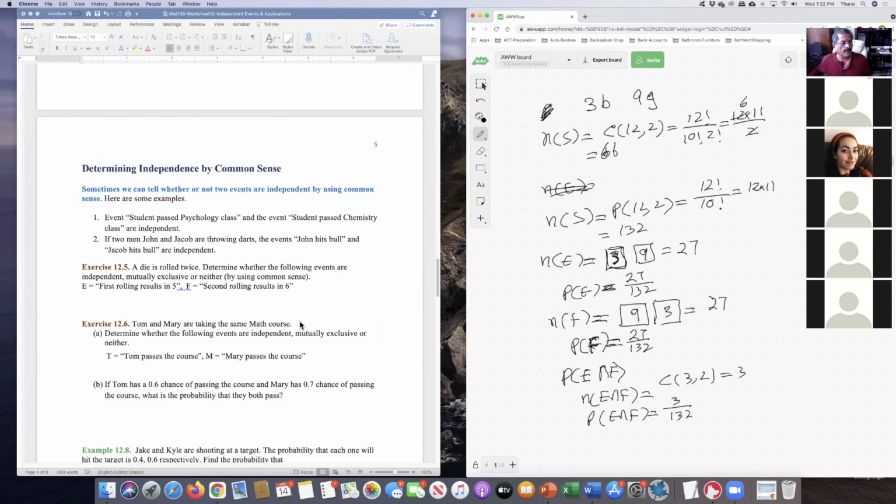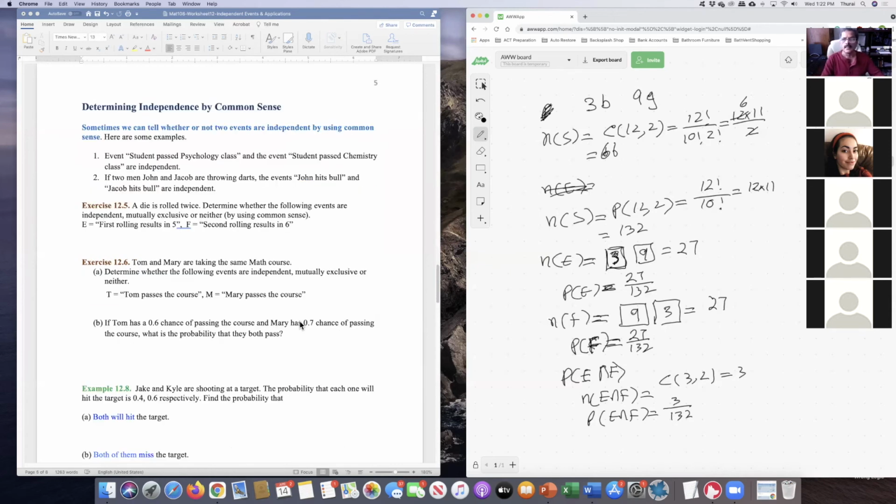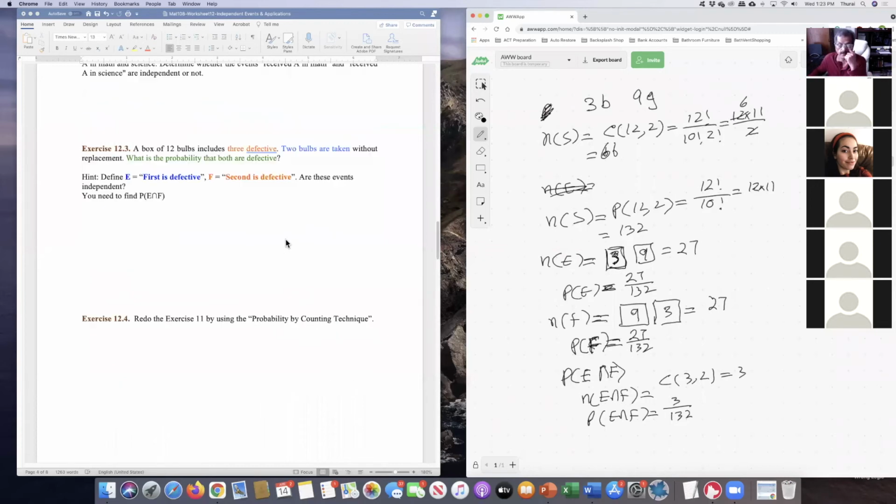All right. I have a question. How we were using permutation to find the sample space, why did we transition into combination to find the intersection? Because in the intersection, they're both defective. First defective and second defective means, see, if I take two bad ones and rearrange, that's not a different one.